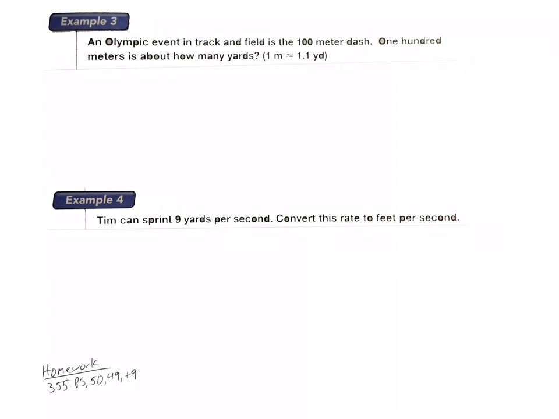Example 3 says an Olympic event in track and field is the 100 meter dash. The 100 meters is about how many yards? It tells us that 1 meter is approximately the same thing as 1.1 yards. So I need to convert this 100 meters into yards.